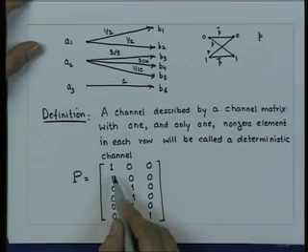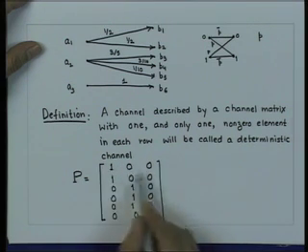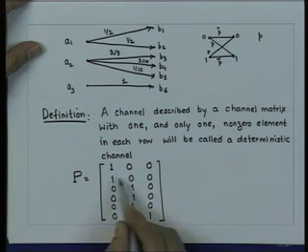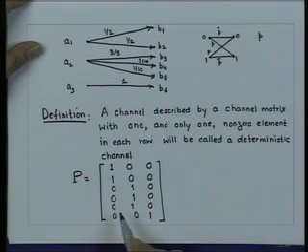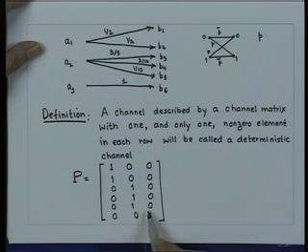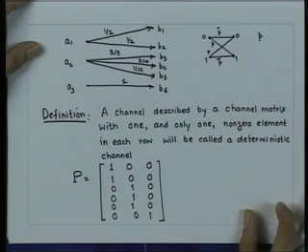Now, since in this channel matrix there is only one non-zero element in each row, and since the sum of the elements in each row must be 1 for a channel matrix, it implies that the elements of a deterministic channel matrix are all either 0 or 1.